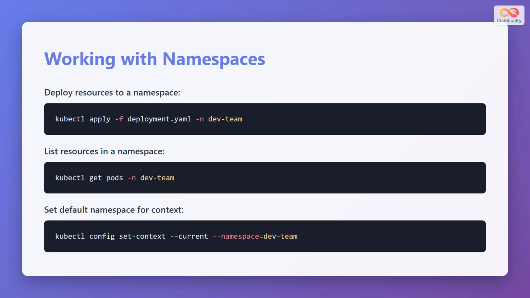This shows you all pods running in that namespace. If you're working extensively with one namespace, you can set it as the default for your current context using kubectl config set-context with the --current flag, and --namespace equals the namespace name. This saves you from specifying the namespace with every command.